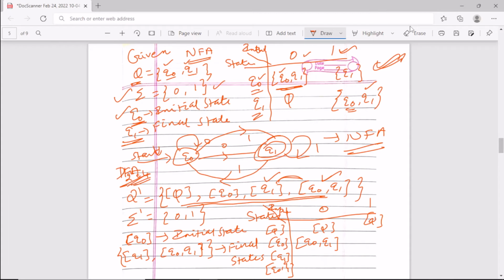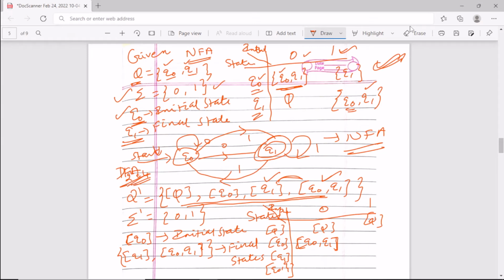But in case of DFA, in Q0 if you read the input symbol 0, you have a unique state Q0, Q1. This is not two different states. Within the square brackets, Q0, Q1 represents a single state.